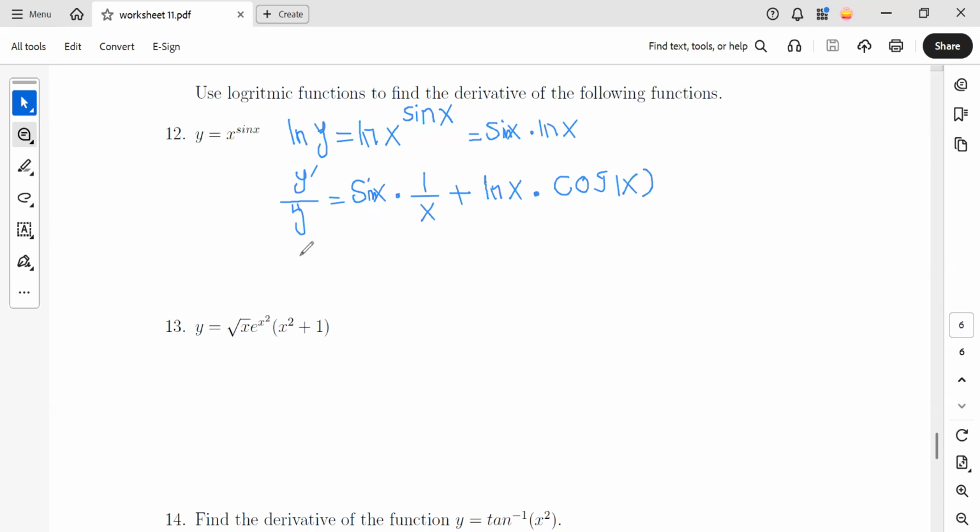Now, since we are going to find y prime, we would multiply both sides by y. And we know that y in this question is x to the power sine of x. So we would multiply both sides by x to the power sine of x. And we would write whatever we have here.